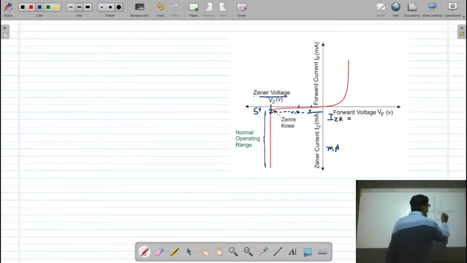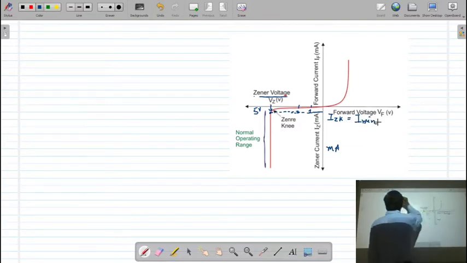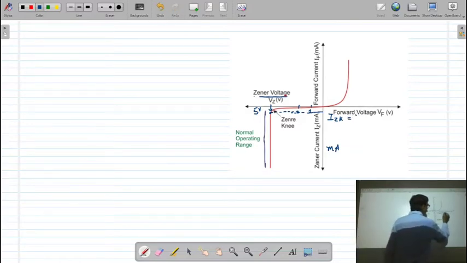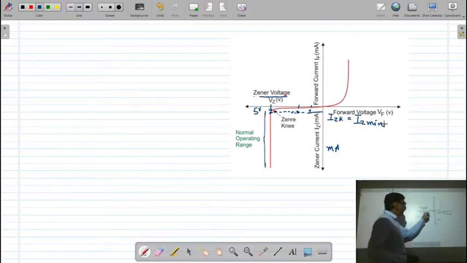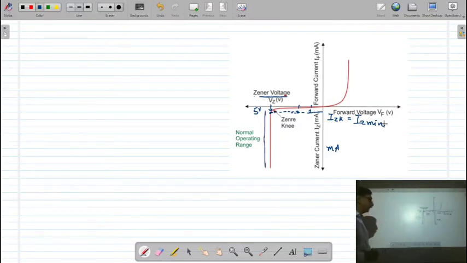Sometimes we also call this the minimum Zener current, IZ minimum. It means when you are operating a diode in reverse bias, at least this much current has to flow, and only then the breakdown is going to occur.